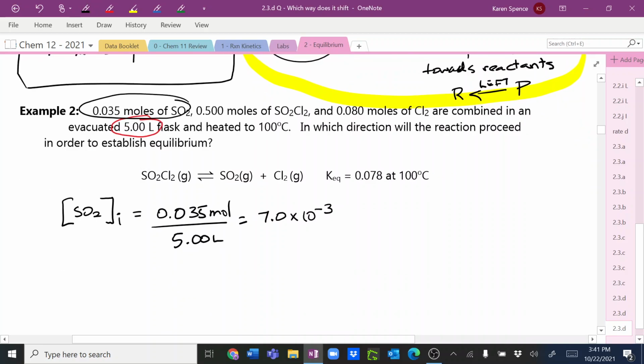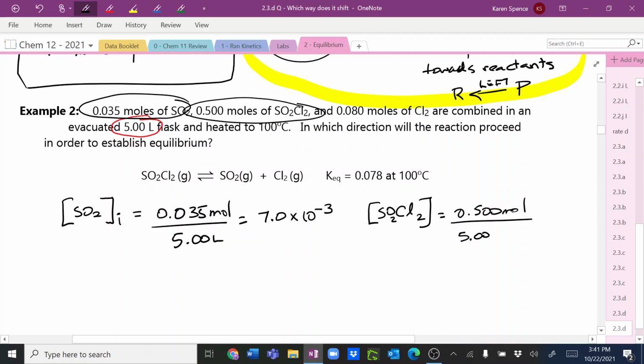Our concentration of SO2Cl2 is, we have 0.5 moles per 5.00 liters, and that is equal to 0.100 molar. I should have put molar over here, shouldn't I?